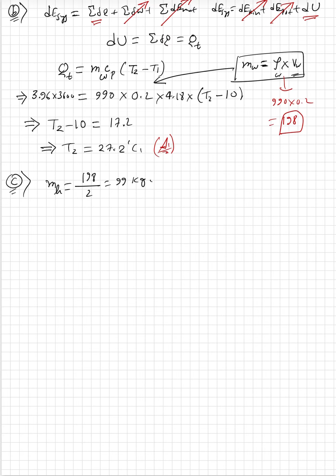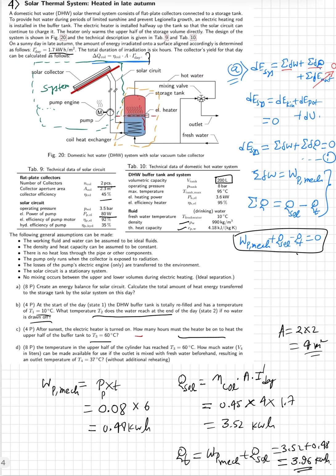The heat will be Q, the mass of the hot water, the specific heat capacity, and the temperature difference. Previously the temperature was 27.2. Now we are going to T3 as 60 degrees Celsius, as mentioned in the problem.